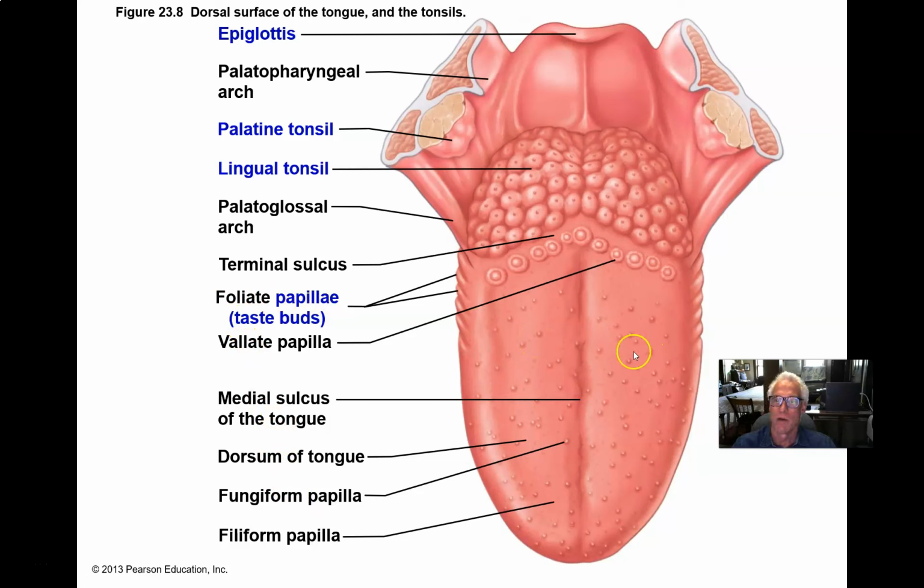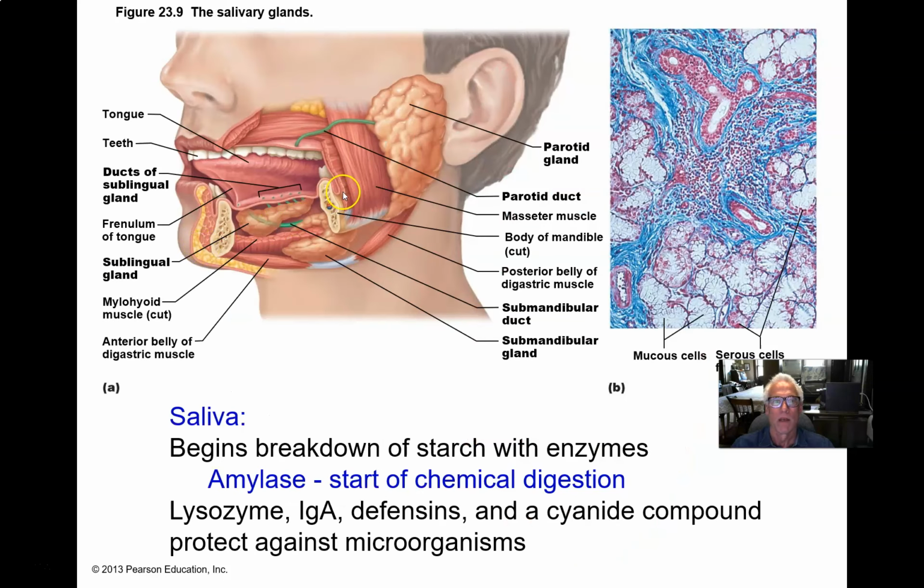I wouldn't worry so much about those, just know that there are very different types of taste buds that allow us to sense 5 different chemical tastes, quote unquote, and that combined with our sense of olfaction allows us to really do what we call tasting food. Again, we can see the epiglottis here that's going to fold down over the larynx when we swallow. Palatine and lingual tonsils in that diagram.